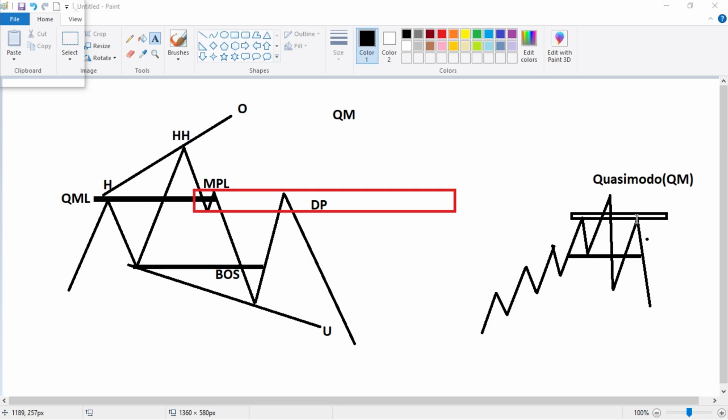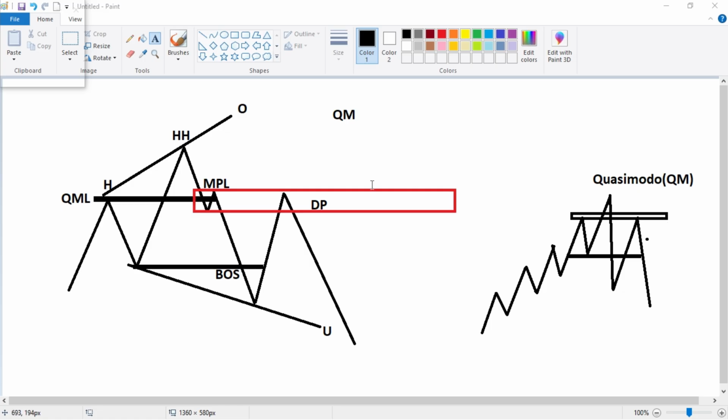And then it came back to retest and form a lower high. After forming a lower high, it then dropped. So this pattern right here, this setup, is called a Quasimodo QM. And this level here is called a QML, a Quasimodo level.